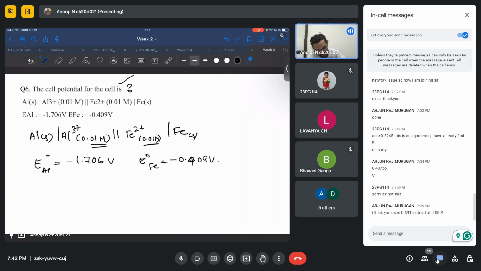Notice these concentrations are same. So E cell is equal to E0 cell minus 0.0591 divided by n.